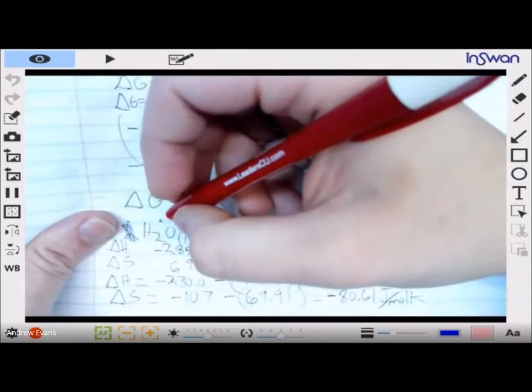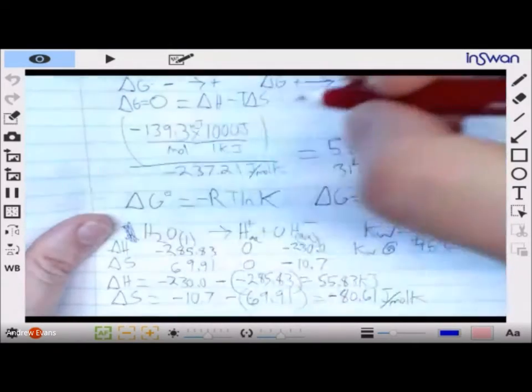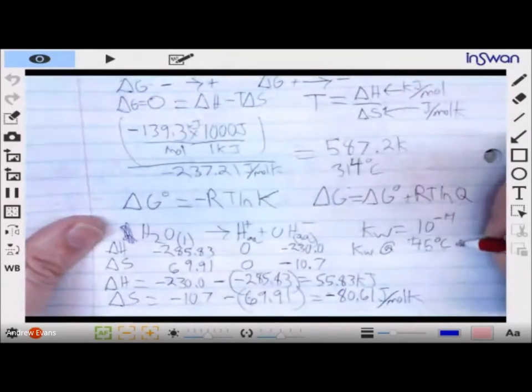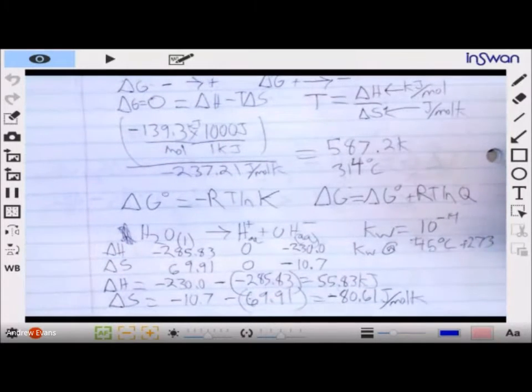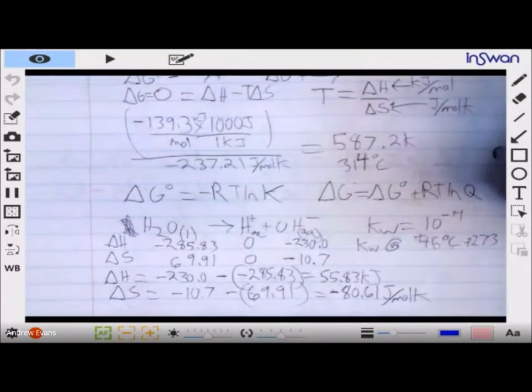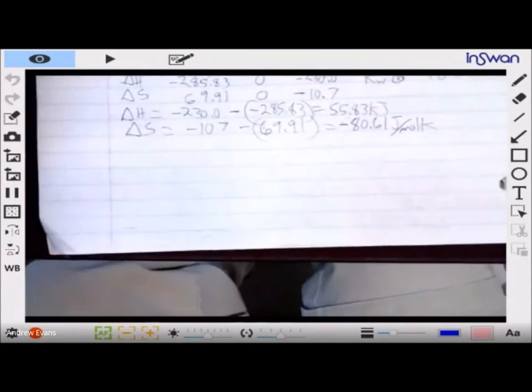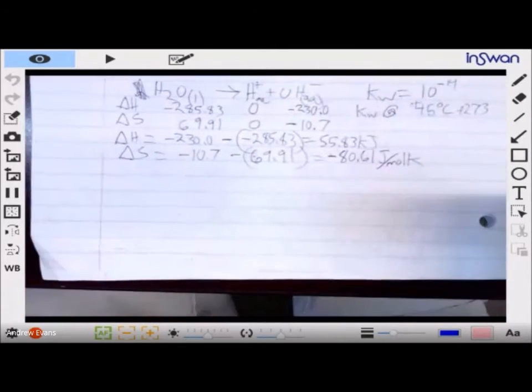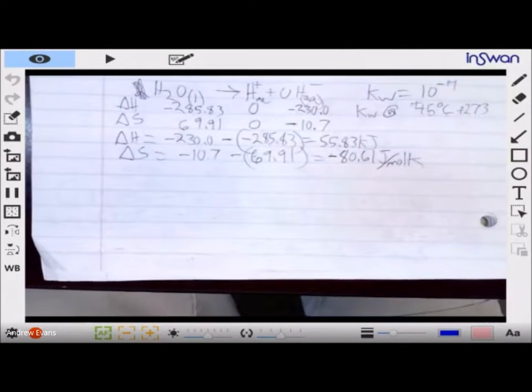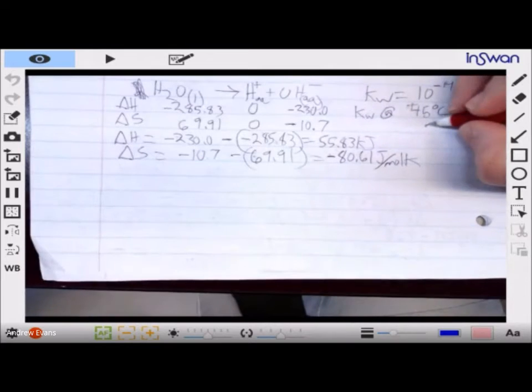So at 45 degrees, which is plus 273, 45 plus 273 is 318.